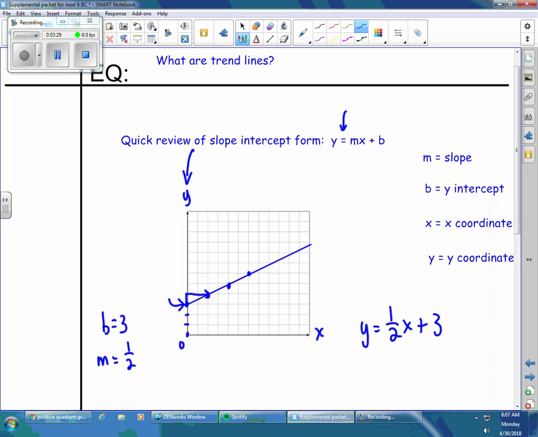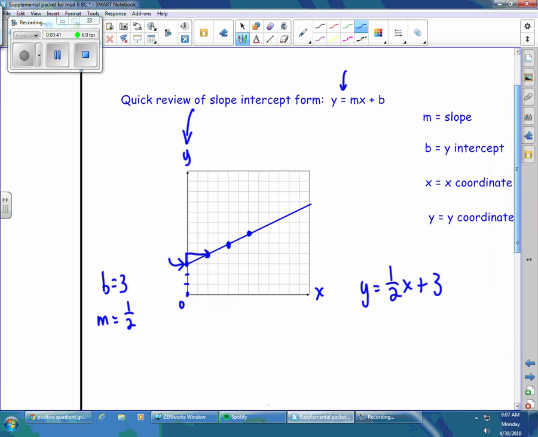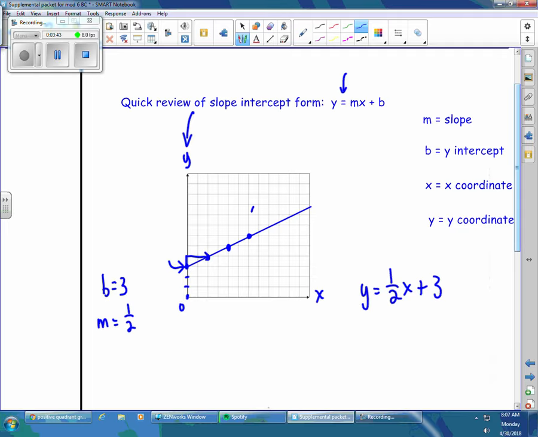So now, what does this equation mean? It means any of the points on this line, I should be able to plug in the x and the y coordinate of those points, and it should be a true statement. So let's just test it with this one right here. Let's see, that's 1, 2, 3, 4, 5, 6. So my x is 6, and my y is 1, 2, 3, 4, 5, 6. Oh, it's 6, 6. Okay?